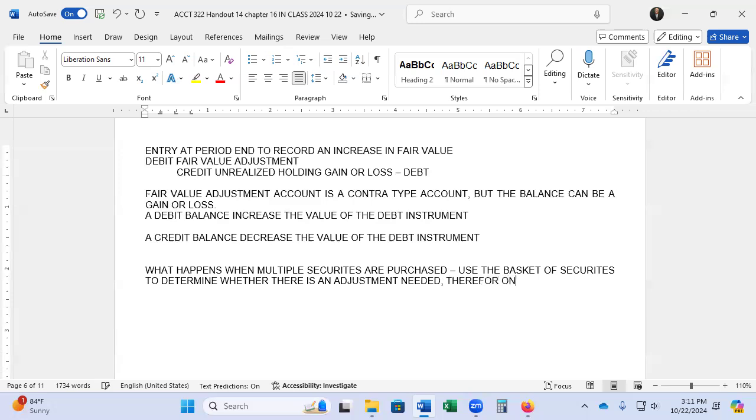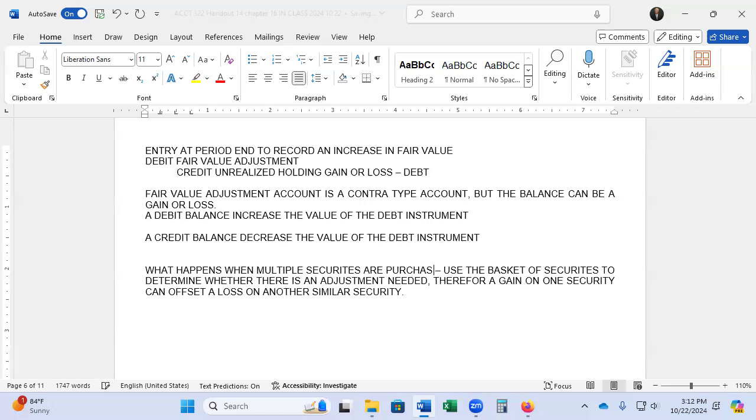Therefore, a gain on one security can offset a loss on another similar security.